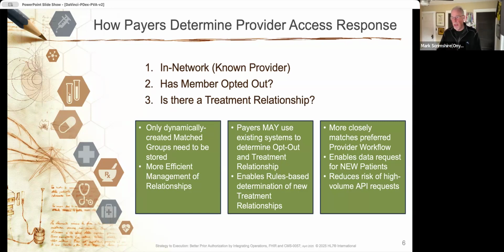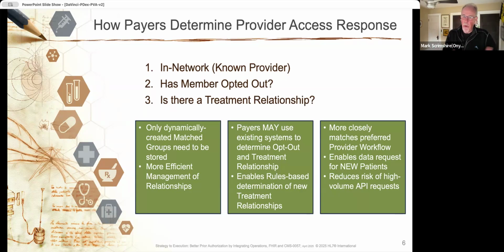And the way we've written the API, the implementation guide, is to say, if you're a payer and you have systems to determine, for example in your compliance system, whether a member is opted out or not, or maybe you have a billing system that is maintaining the treatment relationships, you can use those in your member match function.